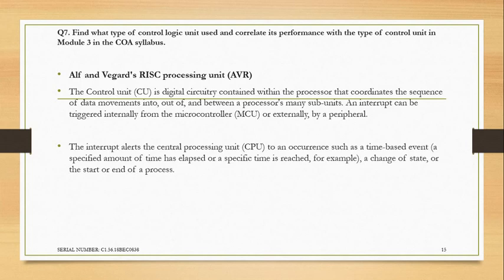The control unit is digital circuitry contained within the processor that coordinates the sequence of data movements into, out of, and between a processor's many subunits. An interrupt can be triggered internally from the microcontroller or externally by a peripheral. The interrupt alerts the central processing unit, CPU, to an occurrence such as a time-based event, where a specified amount of time has lapsed or a specific time is reached, for example, a change of state or the start or end of a process.